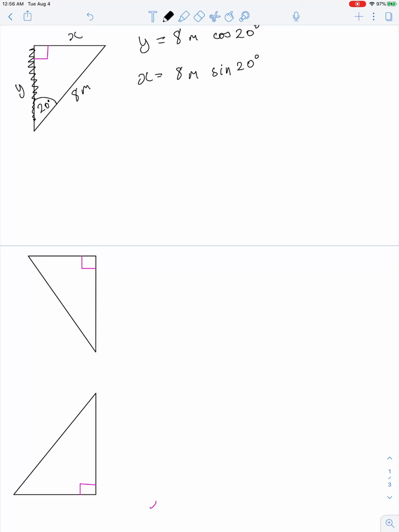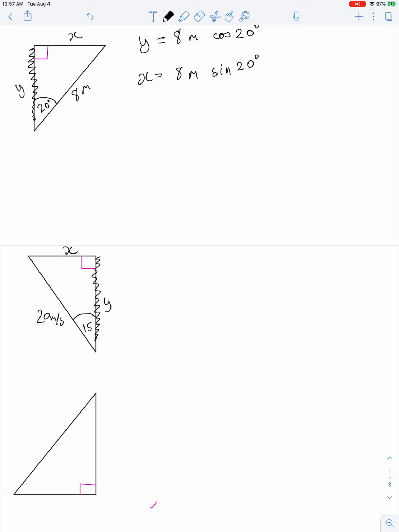One more. Let's call this 15 degrees. Let's call this 20 meters per second. Once again, don't watch these units, it's whatever. This is my Y, this is my X. Y is vertical, X is horizontal. So which one is my adjacent? Cool.